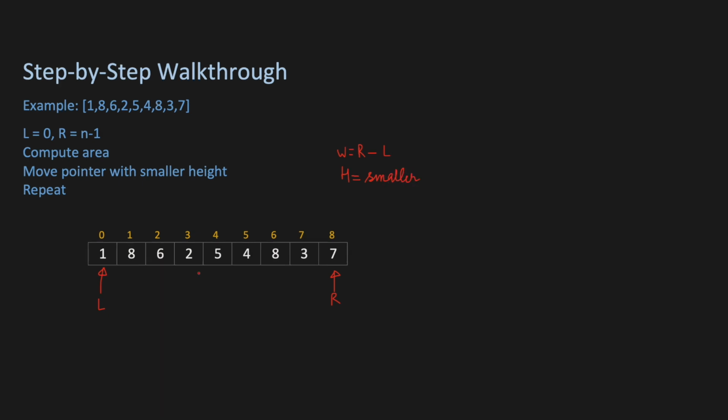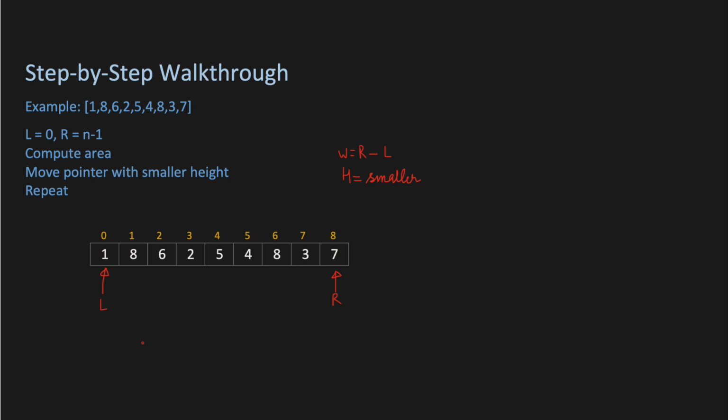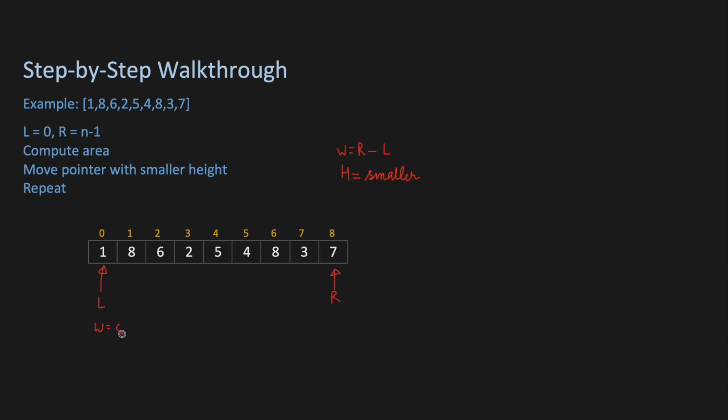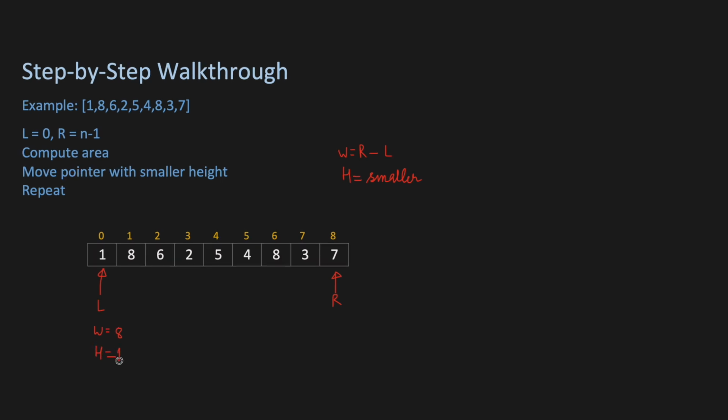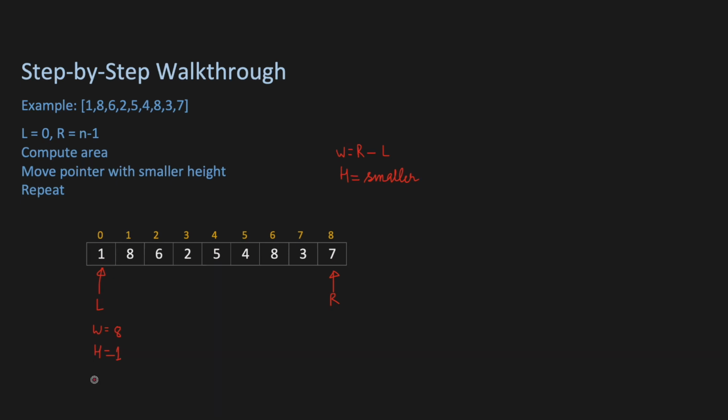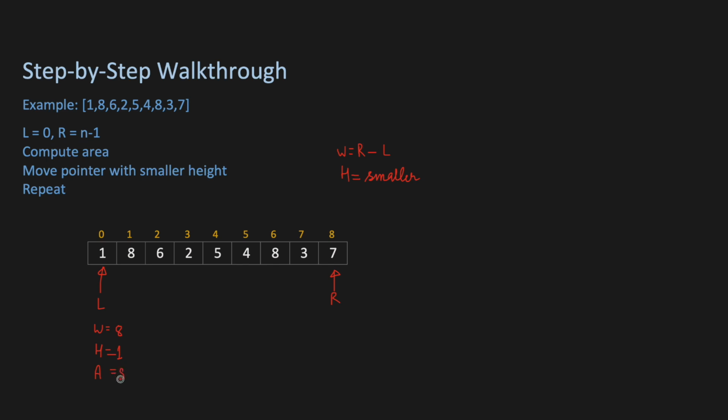When L is 0 and R is 8, the width will be 8 and the height will be 1, since this is smaller out of these two. And the area of the rectangle will be 8 as it is width into height, and the maximum area will be 8.